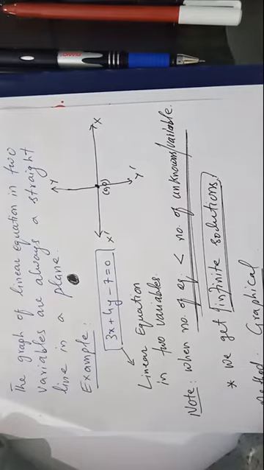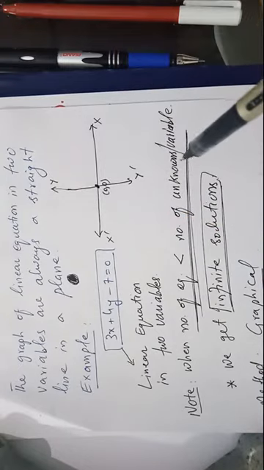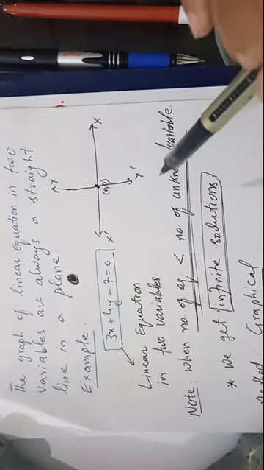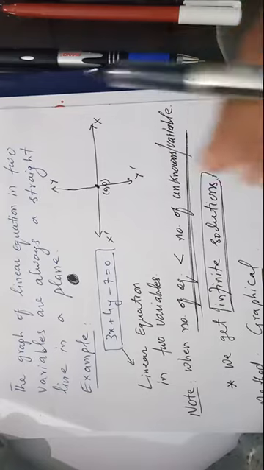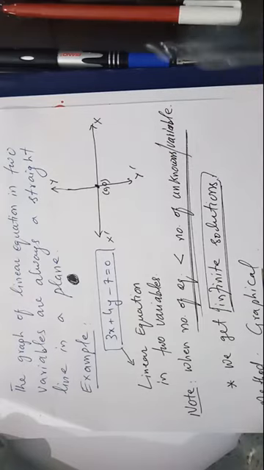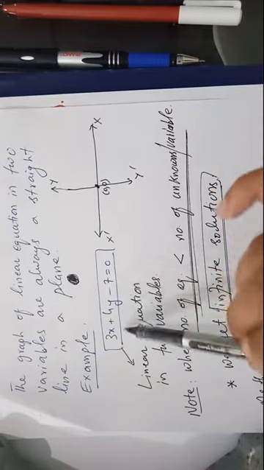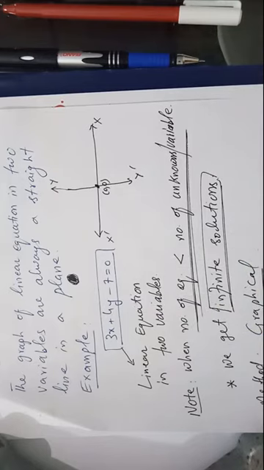Now, you know that all the points in a plane are written in ordered pair form, and that ordered pair represents the position of that point. You know that a linear equation in two variables always represents a line graphically.